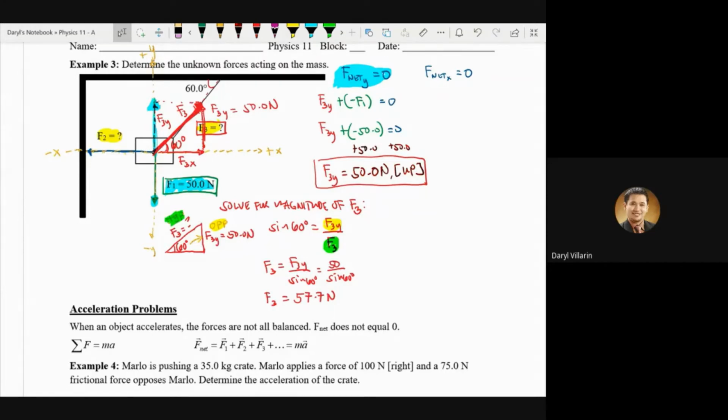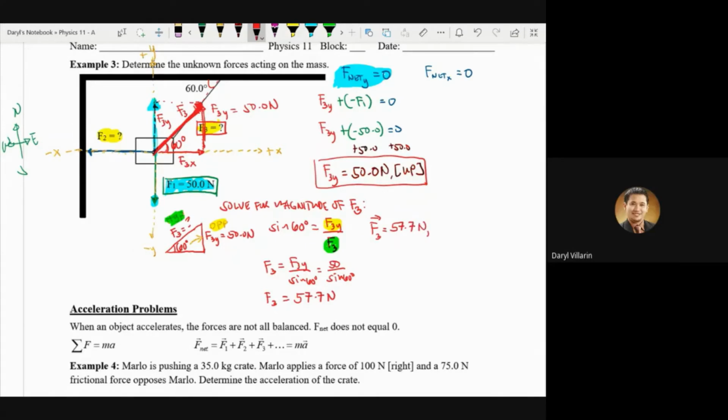But of course, if you want to get the direction, the direction is given, you now have there 60 degrees. So if you use north, south, west, east, you can rewrite your F3 as a vector with a magnitude of 57.7 newtons.